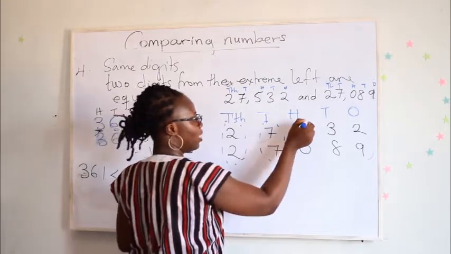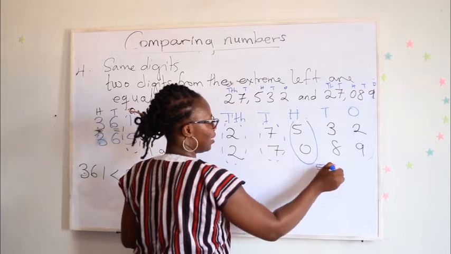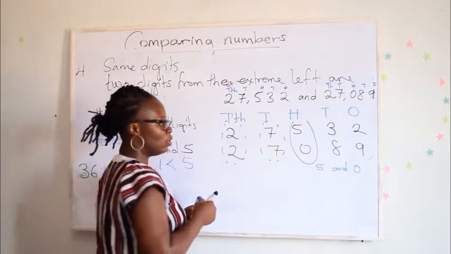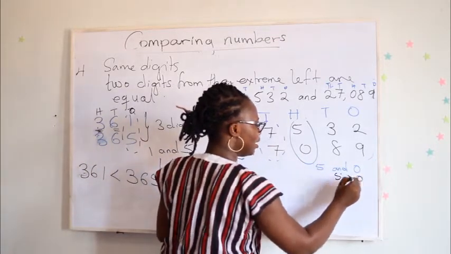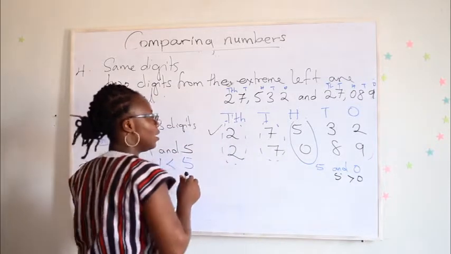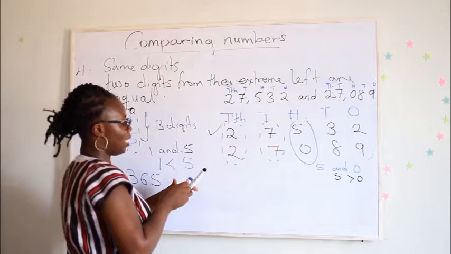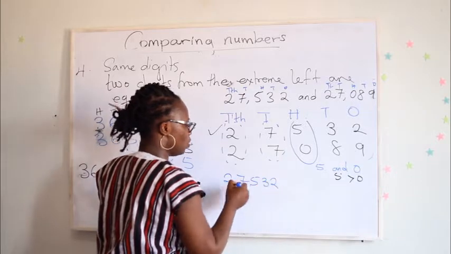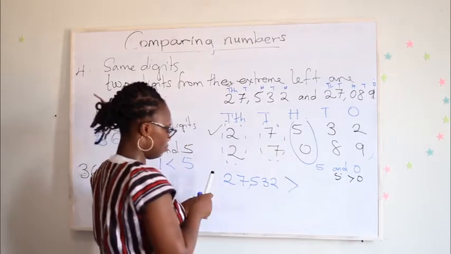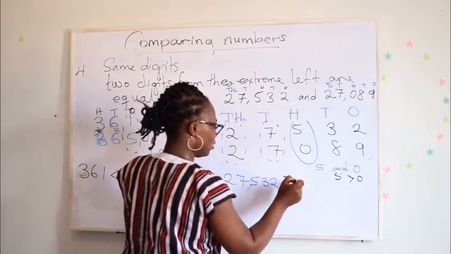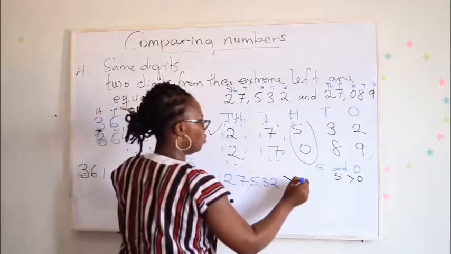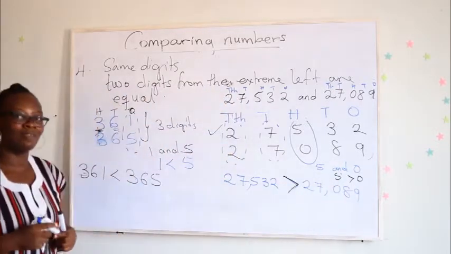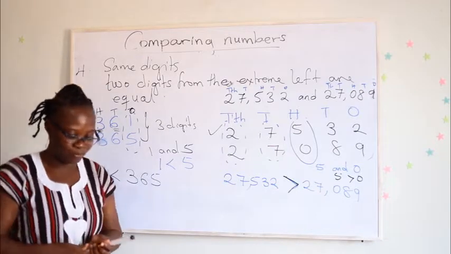We will compare 5 and 0. We have 5 is greater than 0. So I can say 27,532 is greater than 27,089. 27,000 and what? 89.